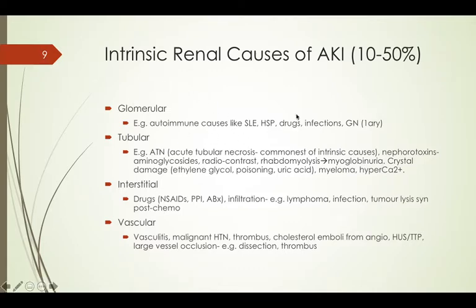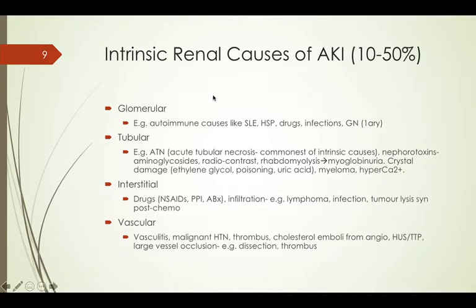We also have glomerular causes, so you've got things like lupus, HSP, some drugs as well, and then you've got all the causes of primary glomerulonephritis as well, things like IgA nephropathy, MCGN, mesangiocapillary glomerulonephritis, SLE, all those things.